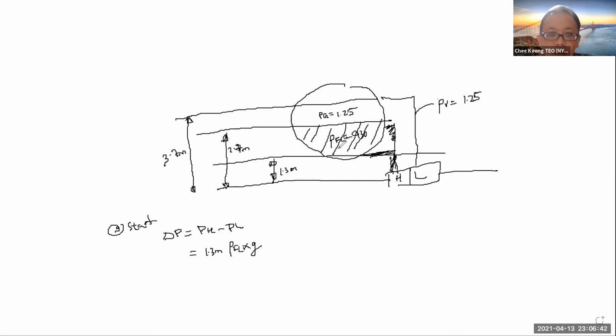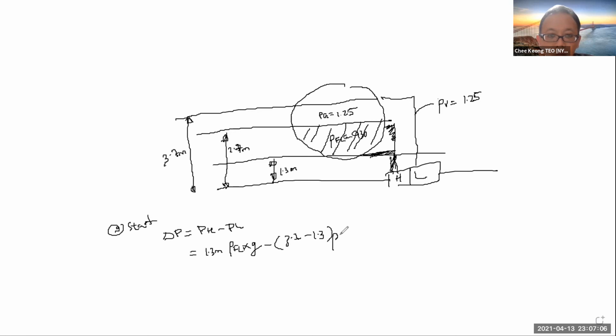Of course, that is the fluid side, but what about the gas side? If it isn't filled by the fluid, the rest of the portion will be filled by gas. The gas will fill at the height of 3.7 minus 1.3, which means this whole length here will be filled by the gas.